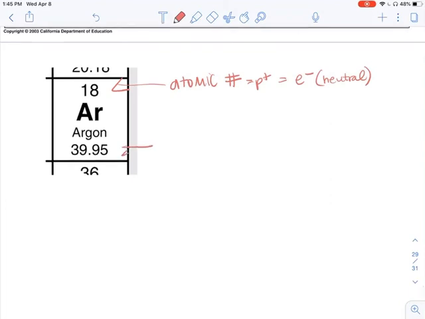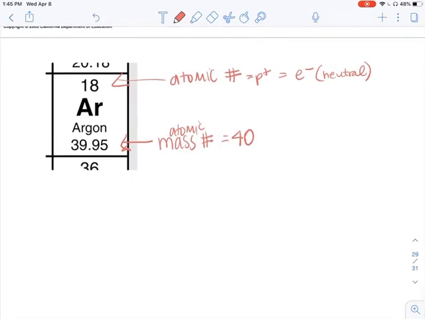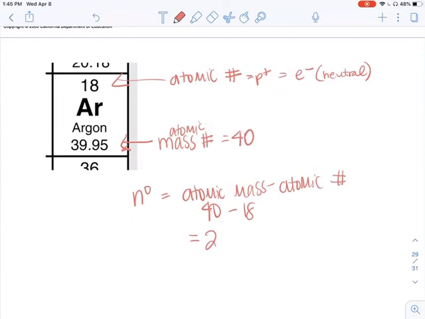My mass number I get from here, but I have to round it to 40. So then, in order to get my number of neutrons, that will be atomic mass minus atomic number. So I'm going to do 40 minus 18, and that will give me 22 neutrons.